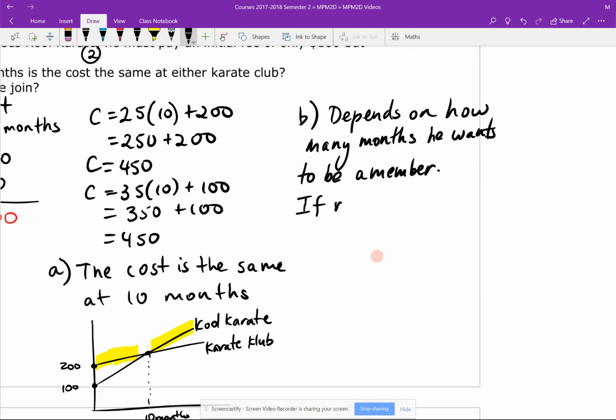If more than 10 months, then he should choose Karate Club.